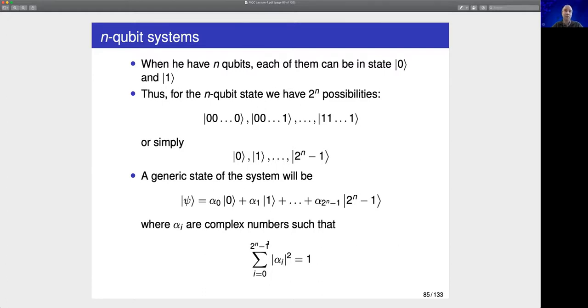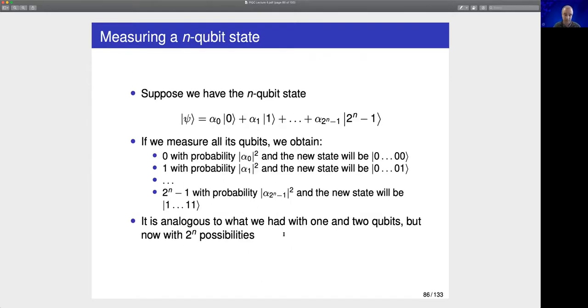Okay, and you know that this is a condition that we need because when we measure the system, imagine that we measure all the n qubits at the same time, we are going to obtain one of the basic states. We are going to obtain either 0, 0, 0, 0, 0, 0, 0, 1, one of these states, okay?